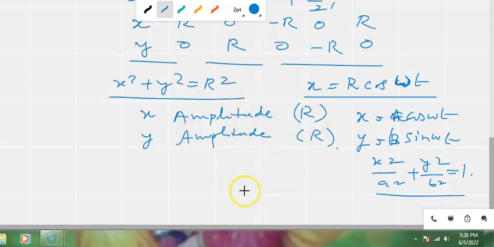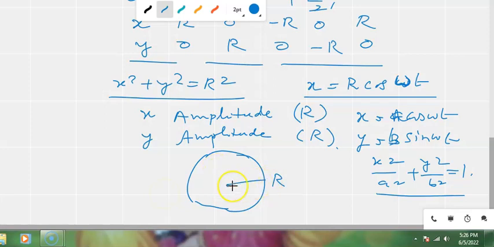Now we'll try to see, when it is going in a circle, what is the force responsible for this simple harmonic motion of the x coordinate and of the y coordinate. We know when the object is moving in a circle, it is under the influence of a centripetal force, and in the case of the sun and earth, it is a gravitational force. But suppose you are whirling a stone in a circle, then you are applying the force.